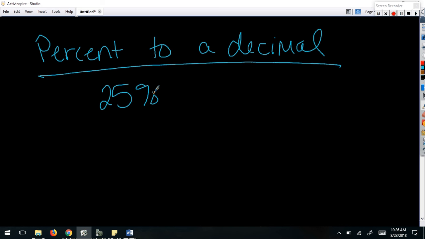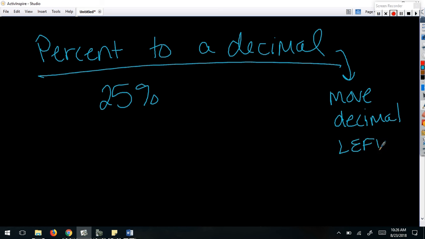Point 25. Yes. What did you do? You move the decimal left 2 times.